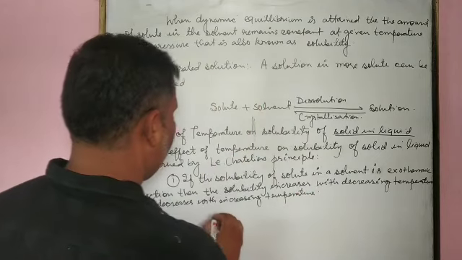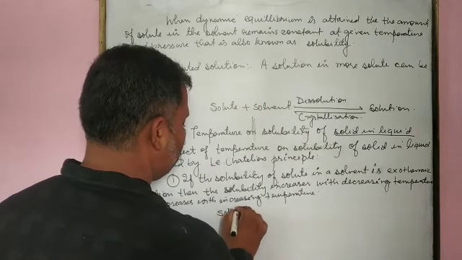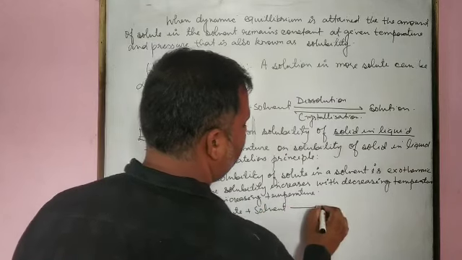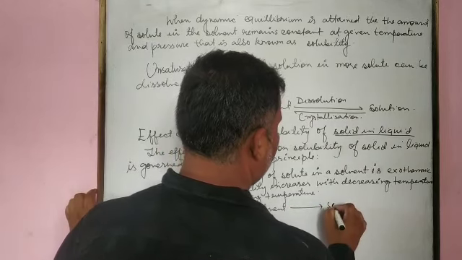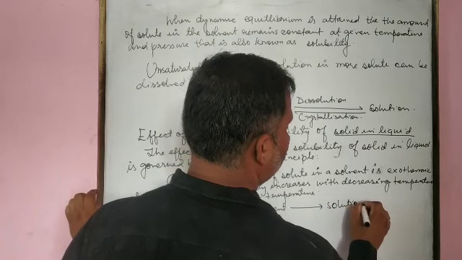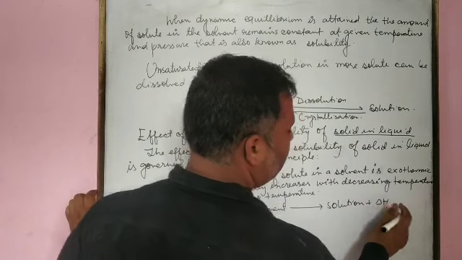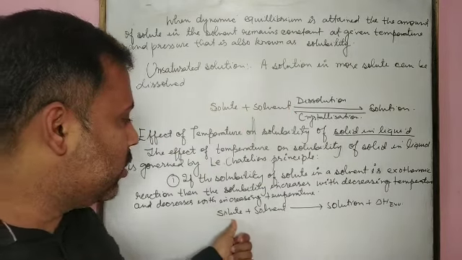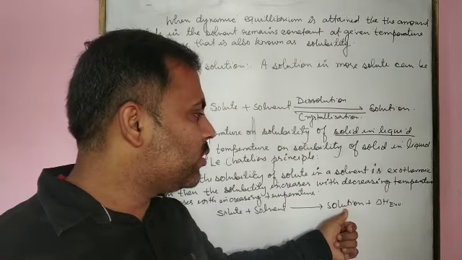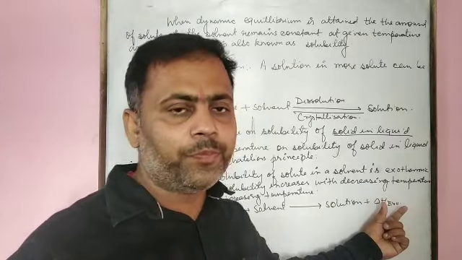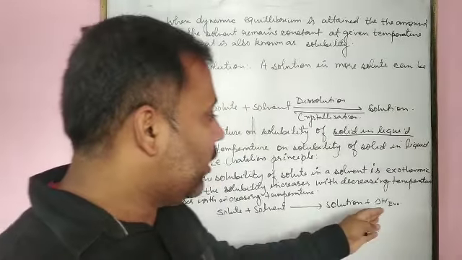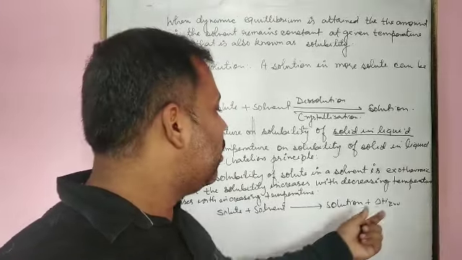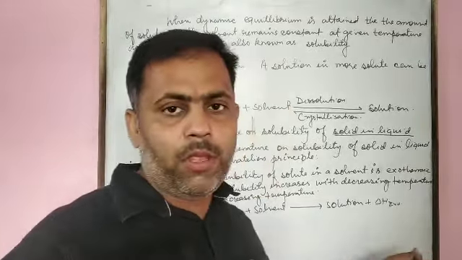Let us see. We have solute plus solvent giving solution plus delta H. It is exothermic. It means when solute is dissolved in the solvent, it gives the solution together with heat. If the heat produced is removed, how can we remove it?